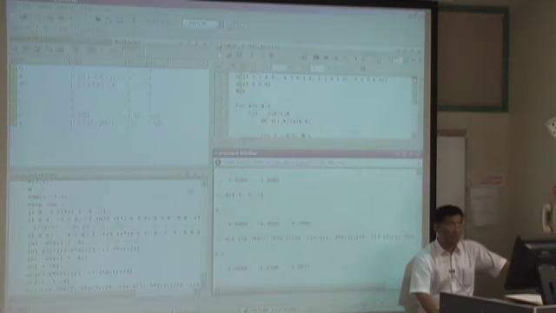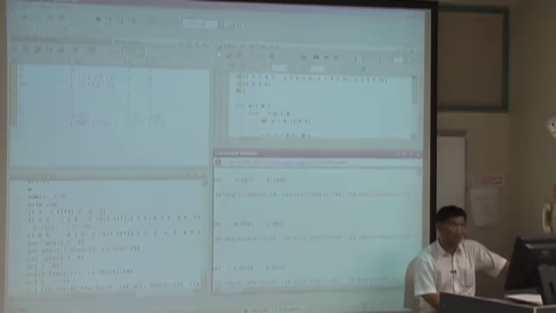So from 0.2, 0.5, 0.7, I got these numbers, right? Now, these are plugged into this to get new x1, x2, x3, and then plugged in again. What I do is just loop it. Because I didn't program it, I have to write these things over and over again.